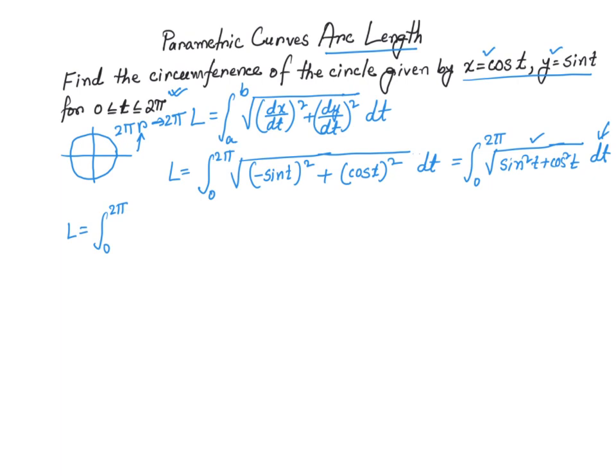Since sine squared t plus cosine squared t is 1, that's just going to give me dt, which is going to be t evaluated from 0 to 2 pi, which is 2 pi minus 0. That is nothing but 2 pi, as expected.